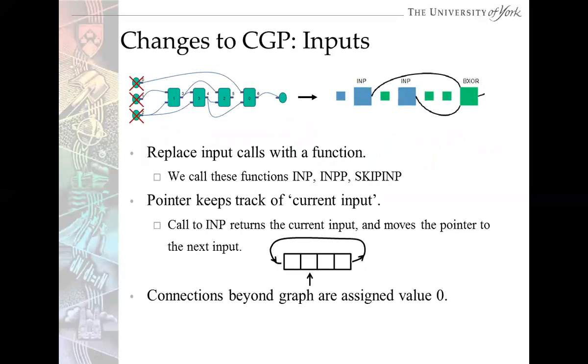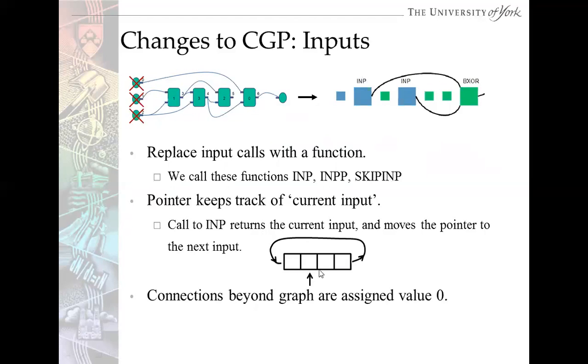The next thing that we changed is we got rid of absolute inputs, if you like. So now we have additional functions in the function set, which we call input gathering. And we've got 3 of these, and they work a bit differently. What they do is they work with a global internal pointer.